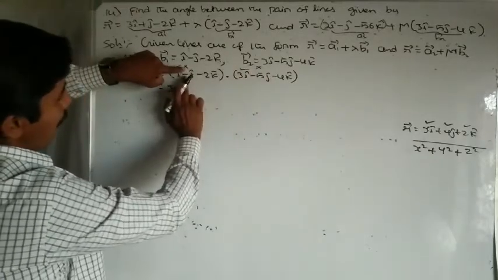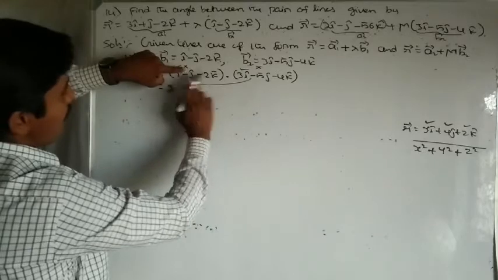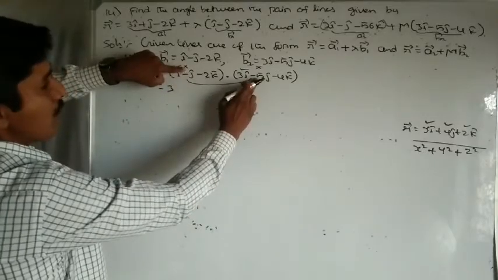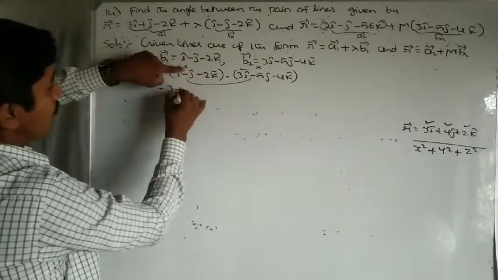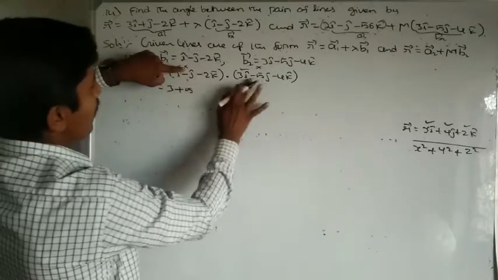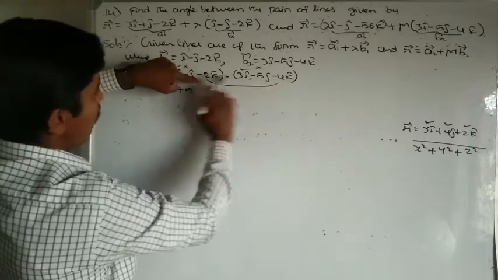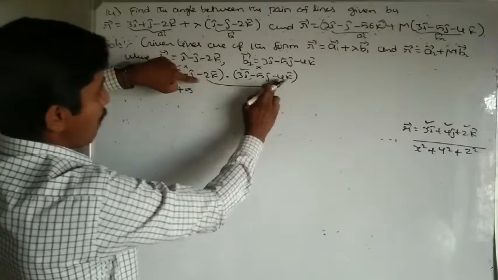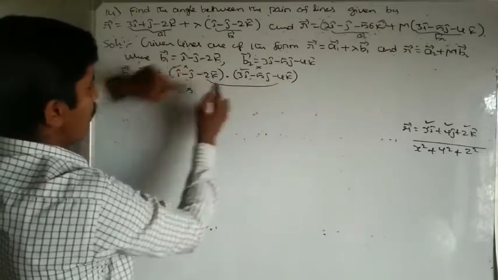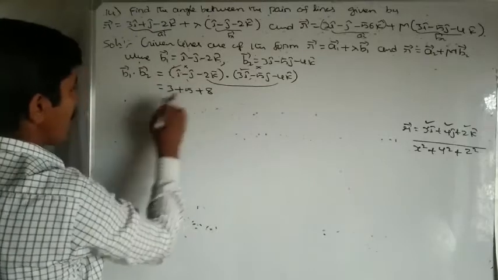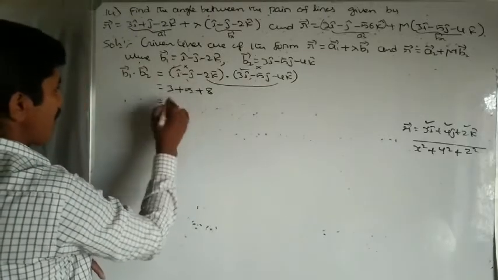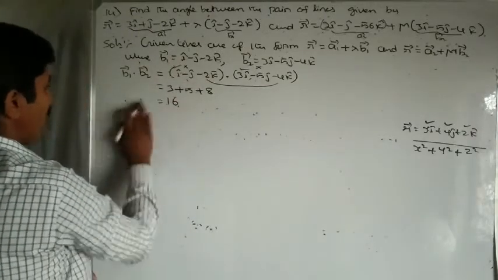Directly I am multiplying: minus 1 into minus 5 is plus 5. Next multiplying k coefficients. Here k coefficient minus 2, here k coefficient minus 4. Minus 2 into minus 4, minus into minus is plus, 2 into 4, 8. 3 plus 5, 8, plus 8, 16. Vector b1 dot vector b2 is 16.